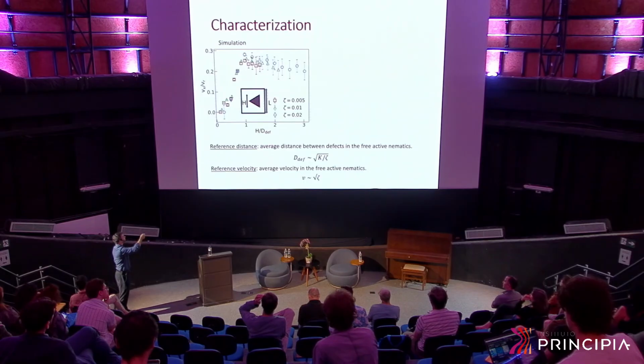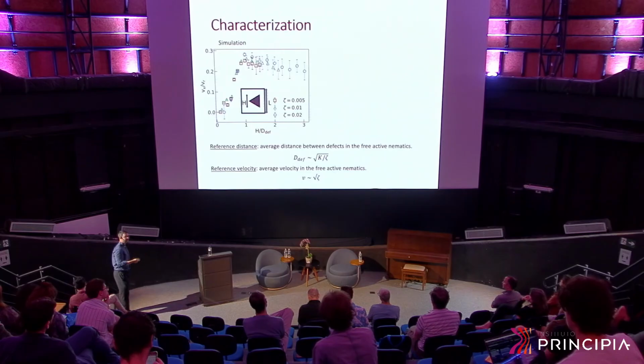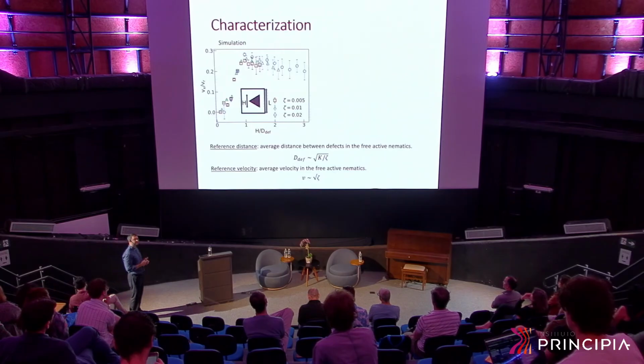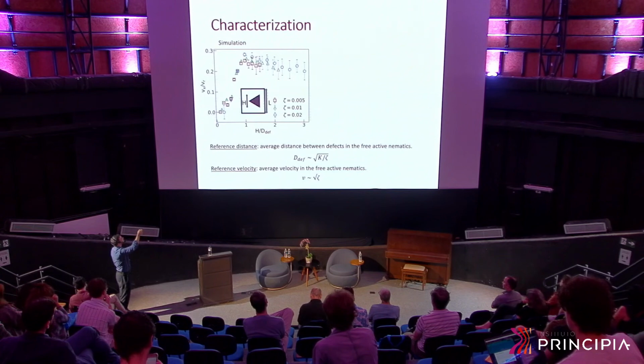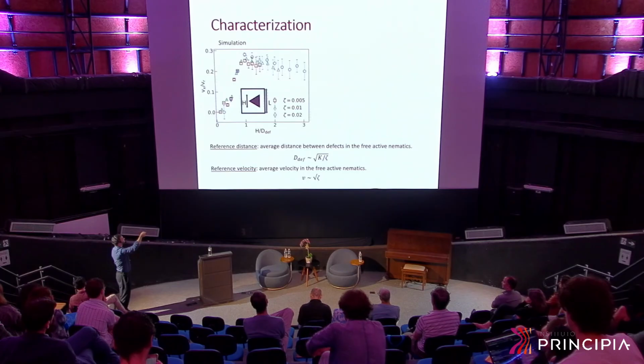And interesting, this optimal size is related to the characteristic size of the active nematics that I mentioned before. So it is related to the average distance between the defects. So the optimum occurs exactly for an obstacle size that is close to this characteristic length.